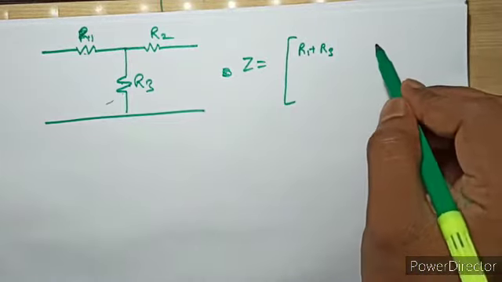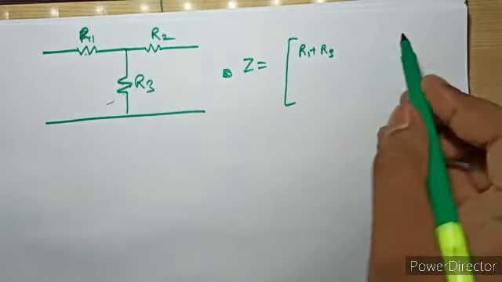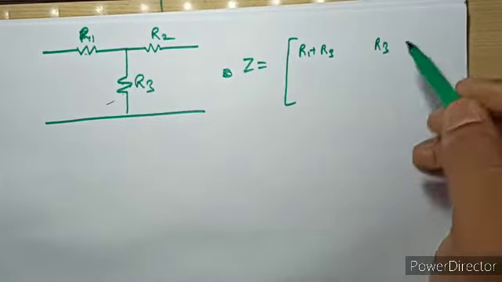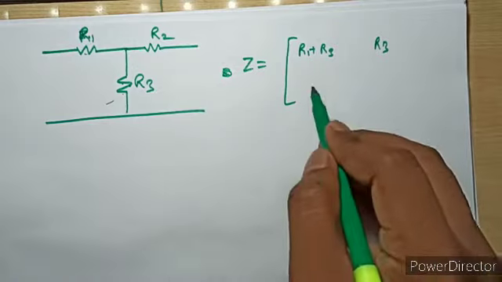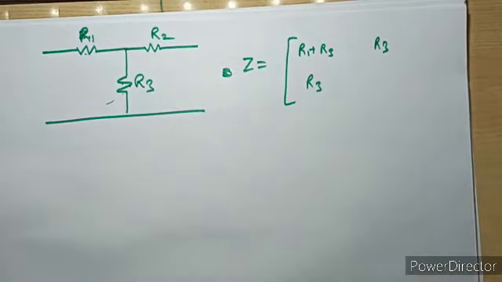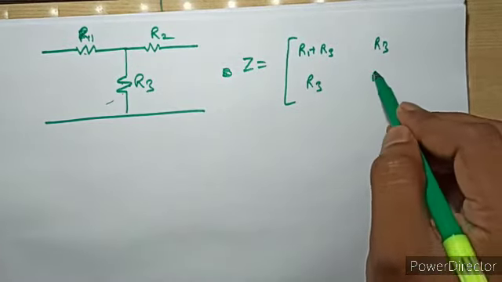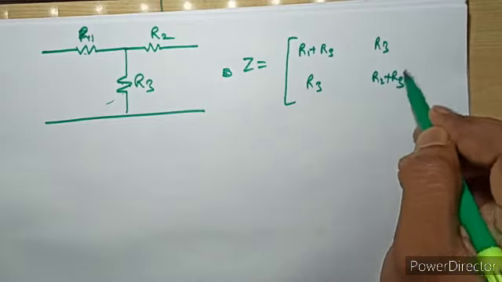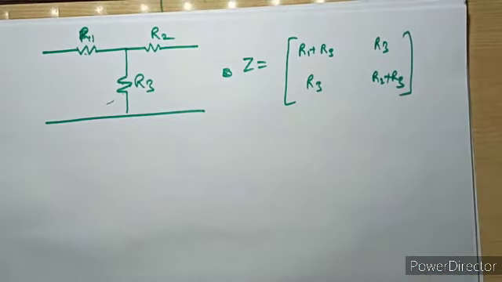Z12 will be nothing but this common resistor R3. Z21 will be this common resistor R3. And Z22 will be R2 plus R3. This is the standard form.